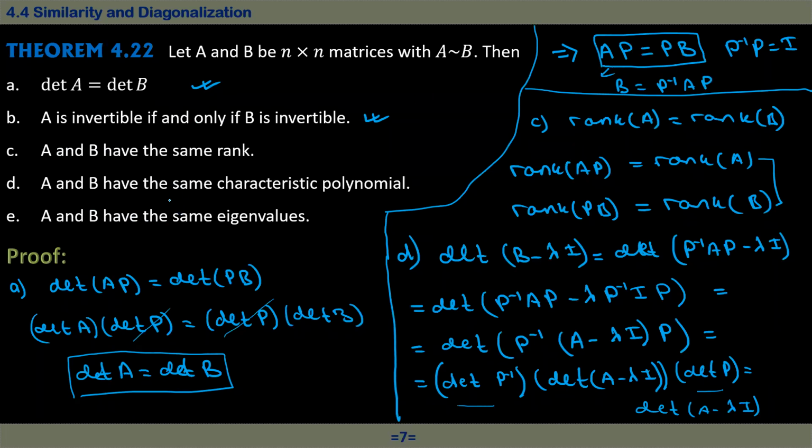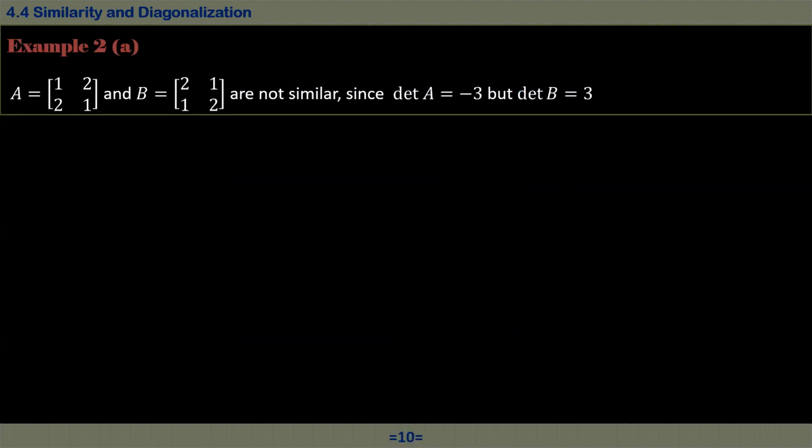That is how we actually make use of this theorem. Because if they're similar, then all of these five properties must be true. If one fails to be true, that means that A is not similar to B, or B is not similar to A. For example, in this example 2A, A is the matrix 1, 2, 2, 1, and B is 2, 1, 1, 2. They are not similar.